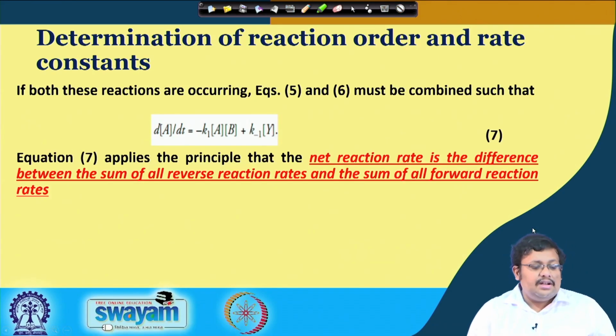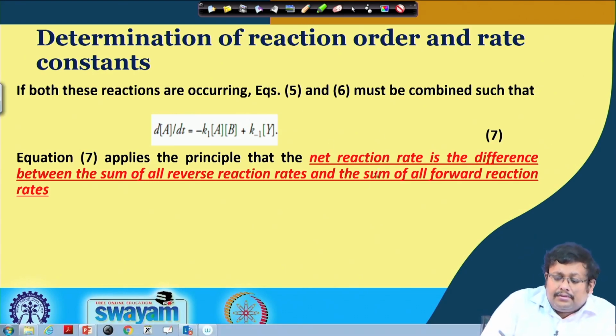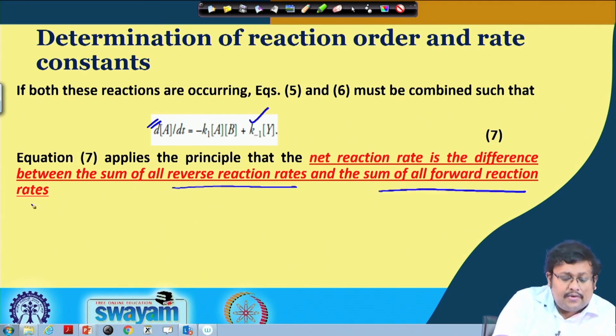So, if both these reactions are occurring, then equations 5 and 6 must be combined to get the net reaction rate, denoted by dA/dt. It is the forward reaction rate plus the backward reaction rate. The net reaction rate is the difference between the sum of all reverse reaction rates and the sum of all forward reaction rates.